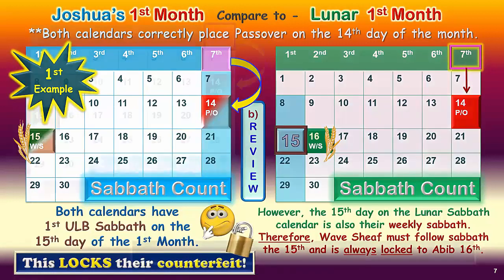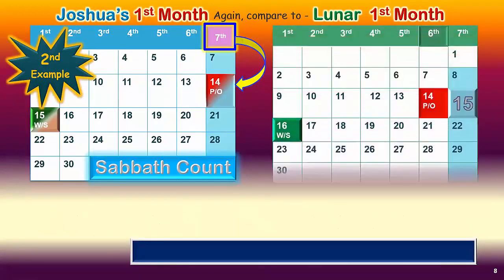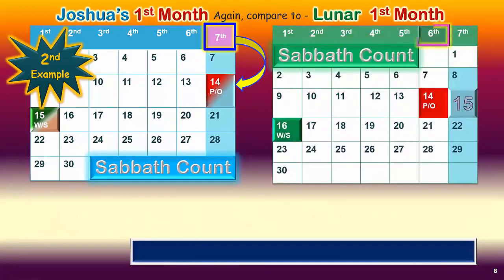What about this example number 2? Joshua's first month, again compared to the lunar first month. Okay, we look at Passover on the right-hand chart. Passover the 14th is correctly on the 14th, but what day of the week is it on?